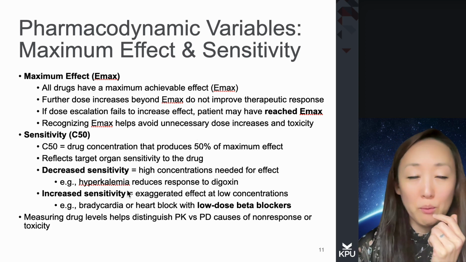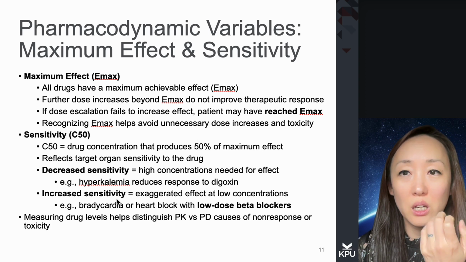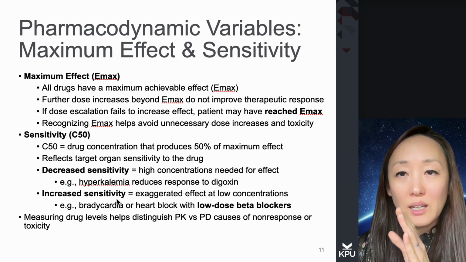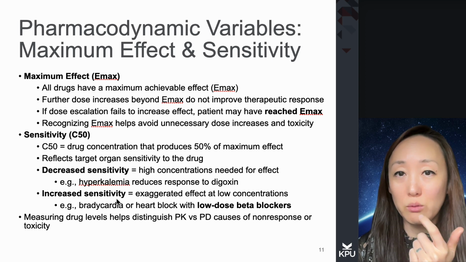Now, if the patient is on a calcium channel blocker, it can antagonize the digoxin's inotropic action, so it blunts the expected response.